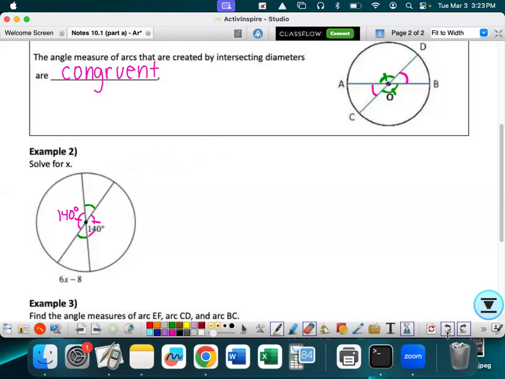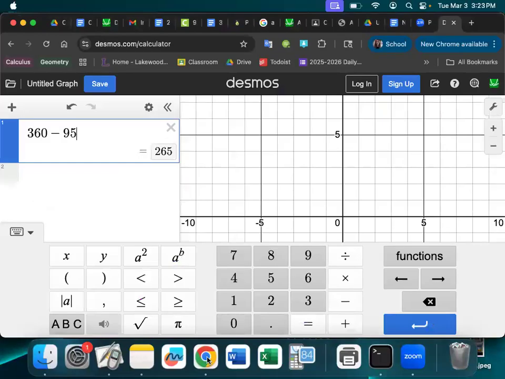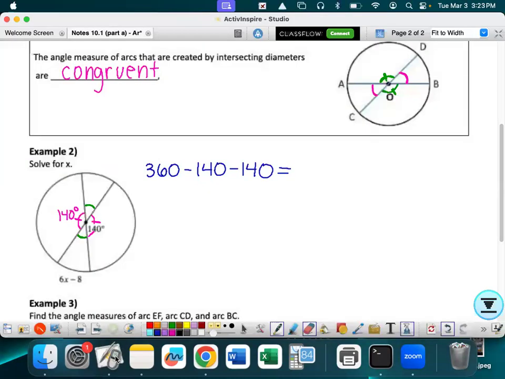So you could have also thought, hey, I know that the entire circle is 360. So if I take away the two 140s, so let's see, 360 minus 140 minus 140, you get 80. And that would be basically you taking away those two regions.